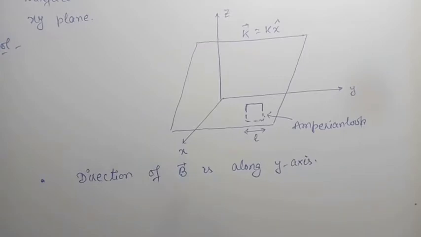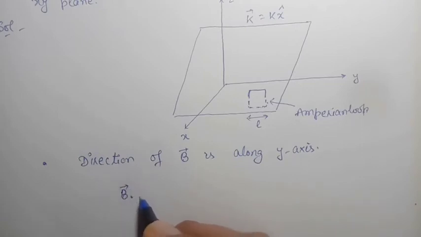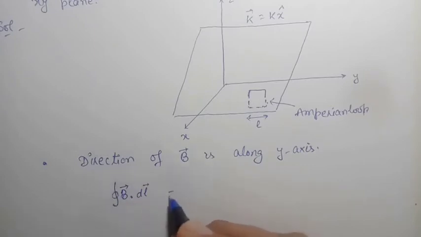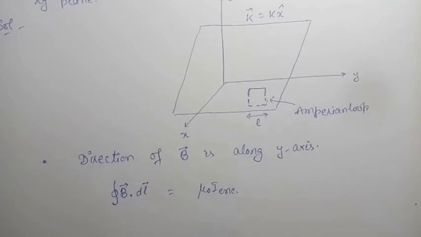Then according to Ampere's law, again B dot dl is equal to mu naught times the total current enclosed.